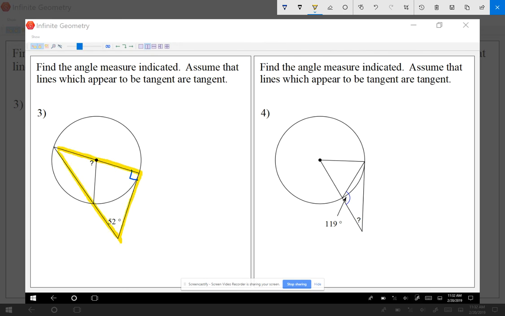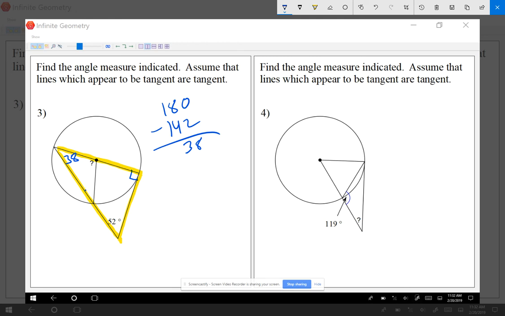I know two angles of a triangle, so I should be able to figure out the third angle. I'm going to add the two angles that were given, 90 and 52, and subtract it from 180. 180 minus 142 gives me 38. So the third angle on my yellow triangle is 38.